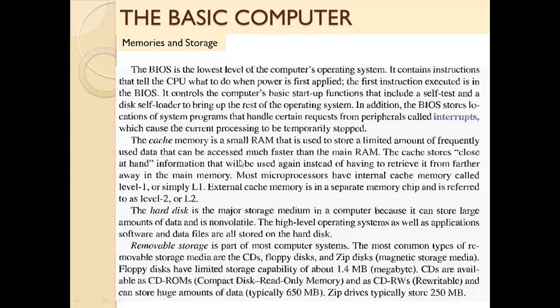The cache stores information that will be used again, instead of having to retrieve it from further away in the memory. I already explained the cache story, so here I will elaborate a little more.